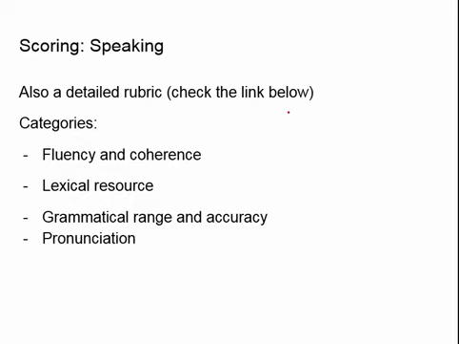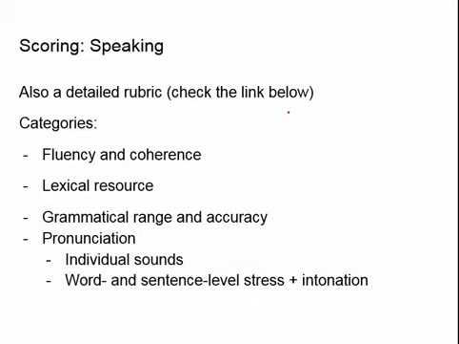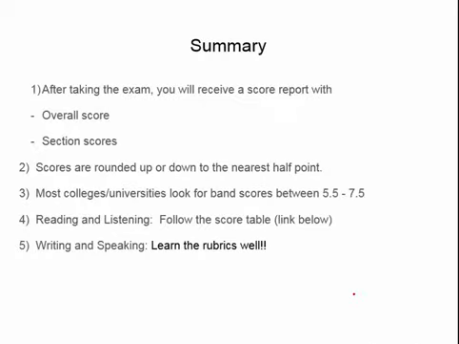Pronunciation is basically how easy it is to understand you, that you don't have a lot of sounds that are really not very natural sounding in English or that cause confusion. They're looking for individual sounds and stress patterns in sentences.